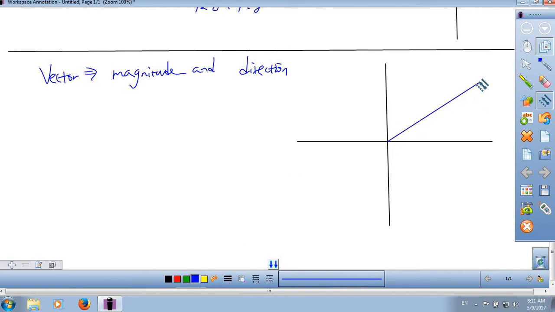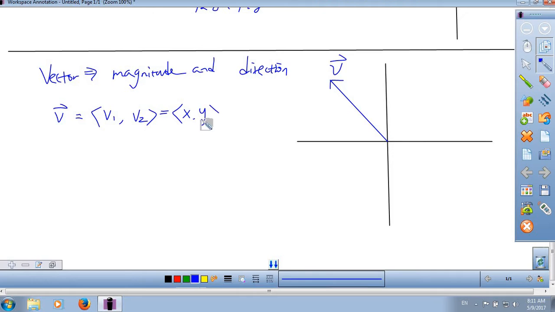Let me draw a vector here. So this is a vector, and let's call this vector v. So vector v has components v1 and v2. Another way you can write it is x and y. Sometimes people use x and y components.